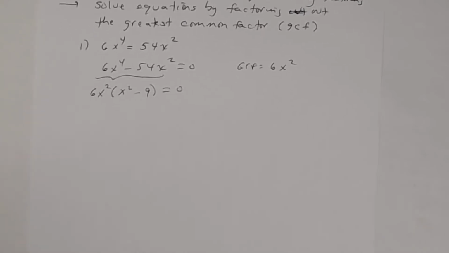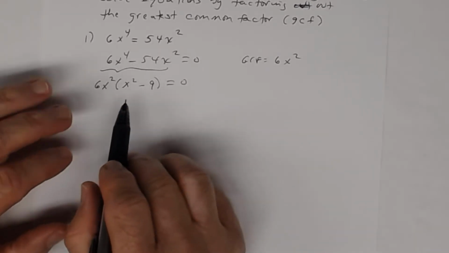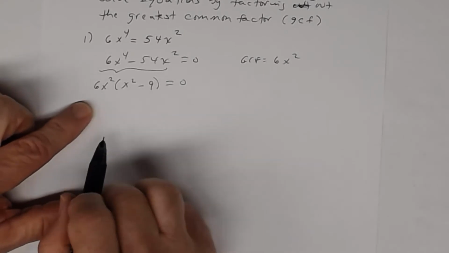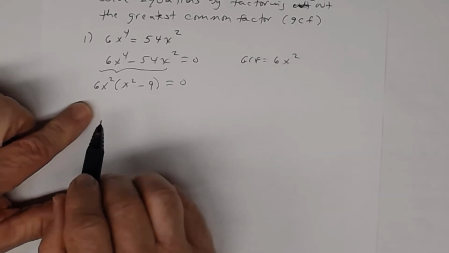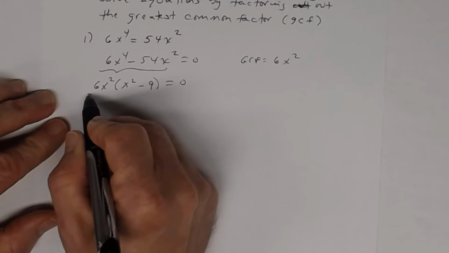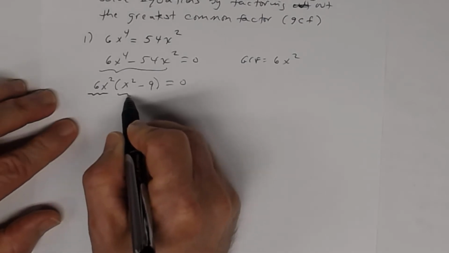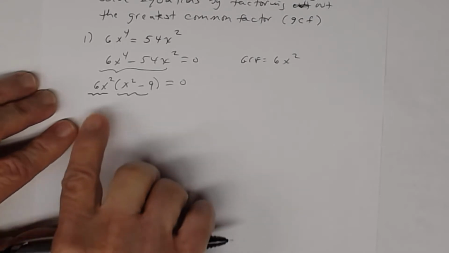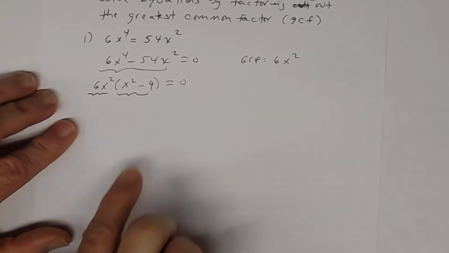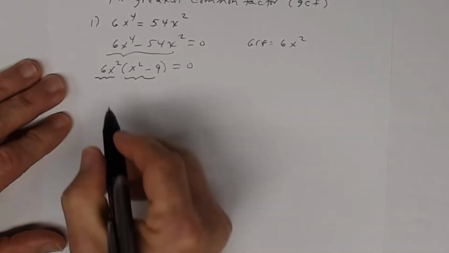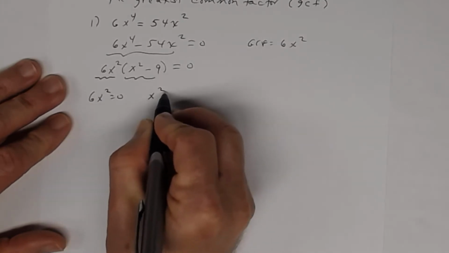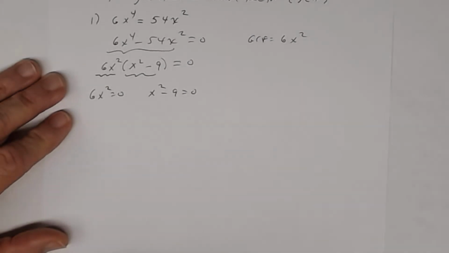Now, I want you to notice something. There are several ways you can do this. At this point, you can use the zero factor property. You have this factor times this factor equal to 0, right? So at this point, I can say 6x squared equals 0 and x squared minus 9 equals 0, right? You can do that.